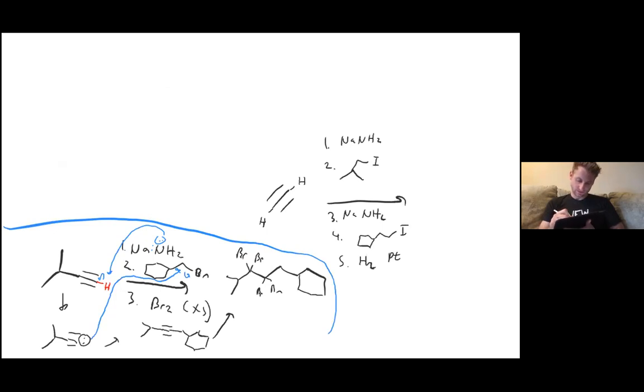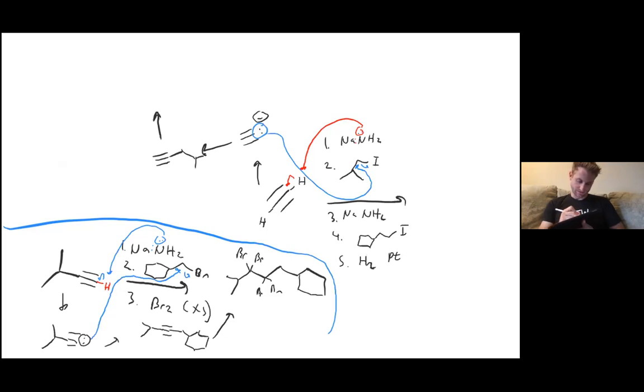So again, NaNH2 and a haloalkane. Going to pull off an H and attack a haloalkane. One carbon, and then our branch point here. We can rinse and repeat on the other side.